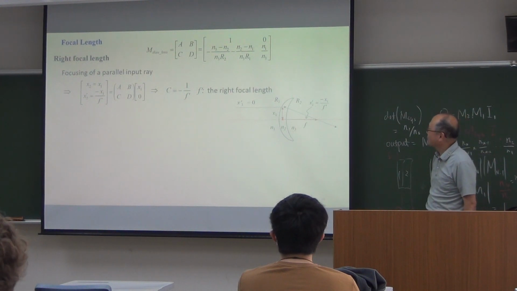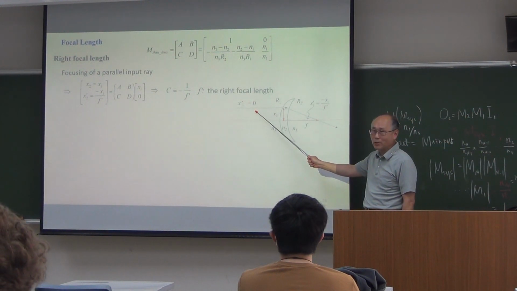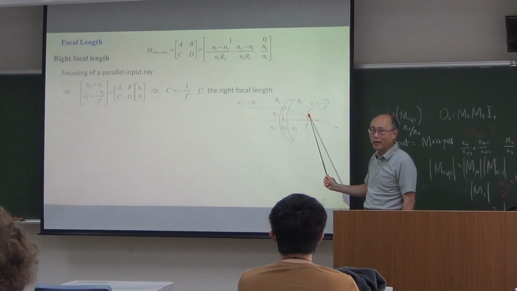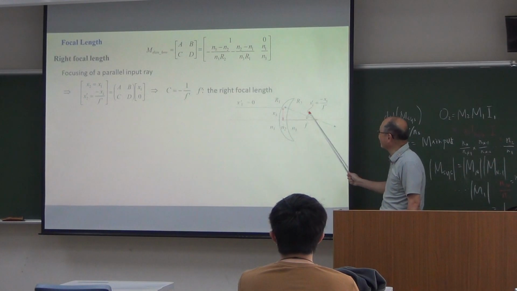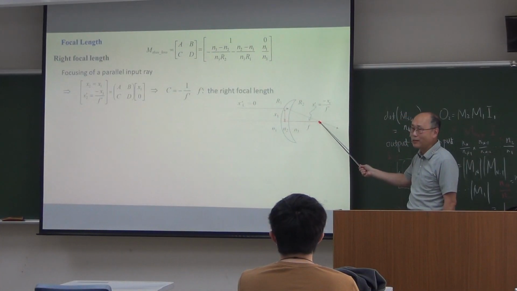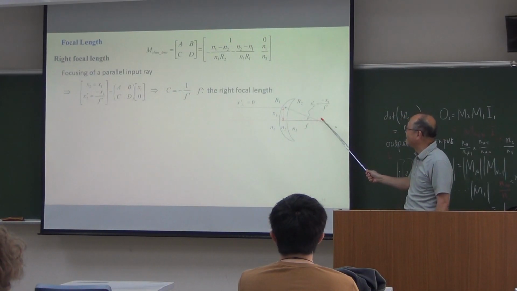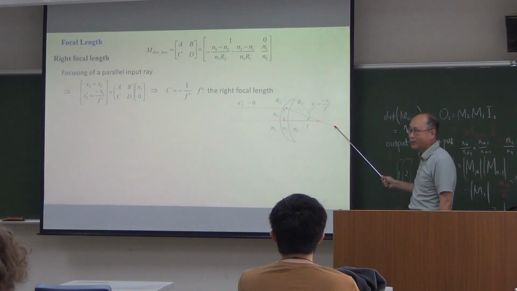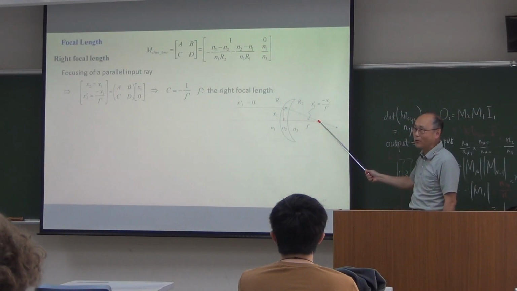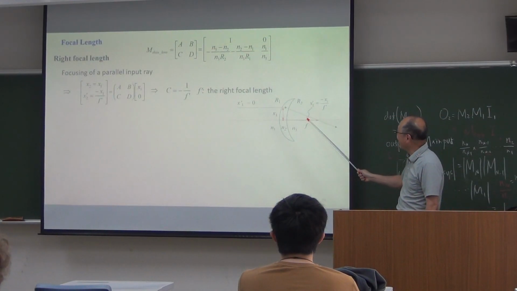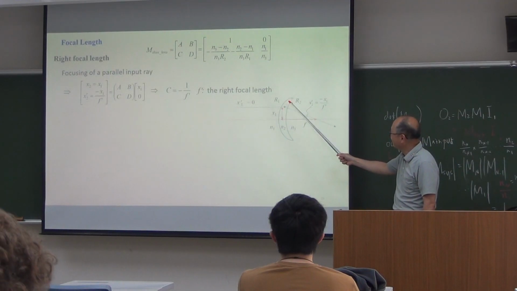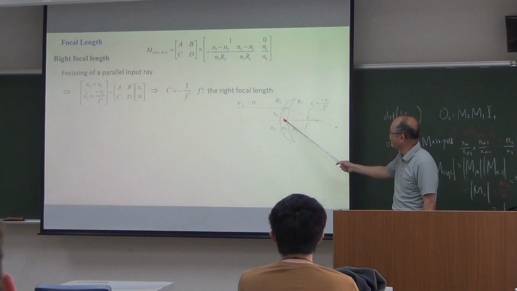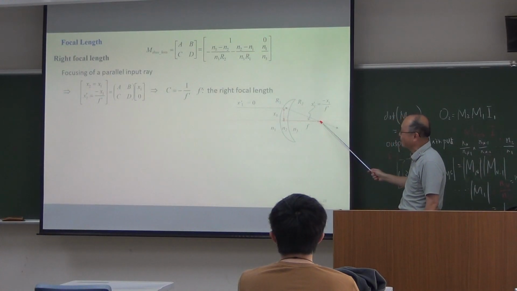All right, so let's put a parallel light into the system as an input and see what kind of output you will get. Physically, this ray is going to go down, intersecting with this axis right at the focal point. So this angle is going to be equal to the arctangent of x1 over f.